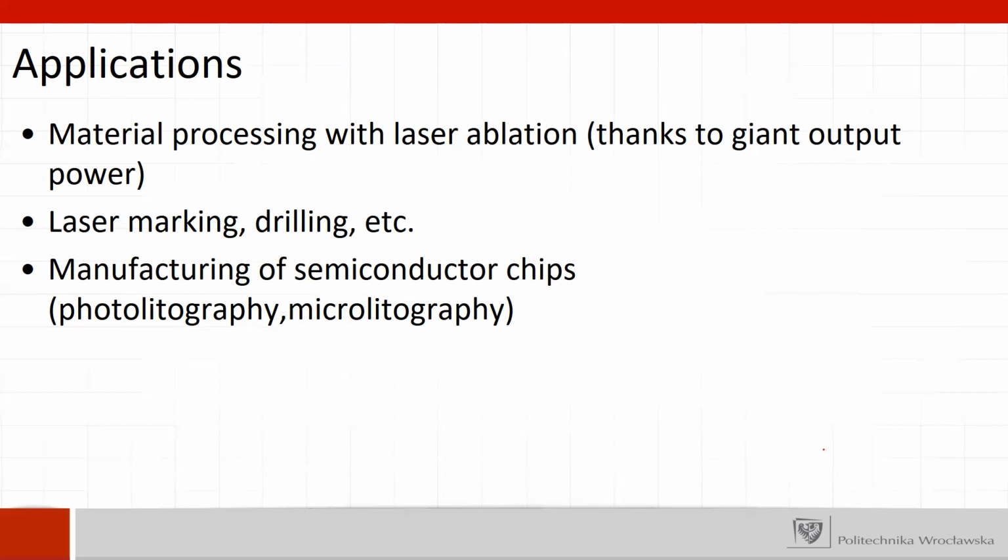They are used in drilling, marking, making textures of different materials, and also manufacturing of semiconductors using photolithography and microlithography. Because of the short wavelength, in the lithography process we can make quite small structures.